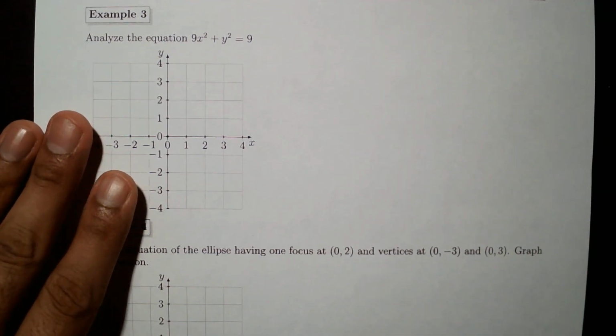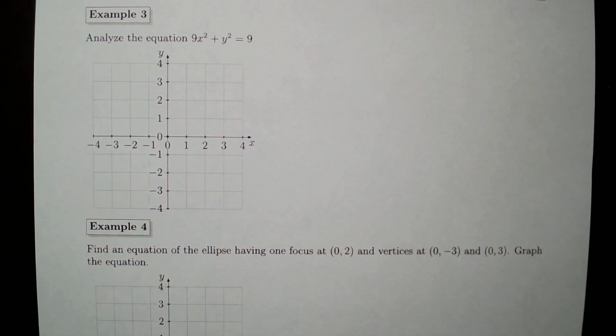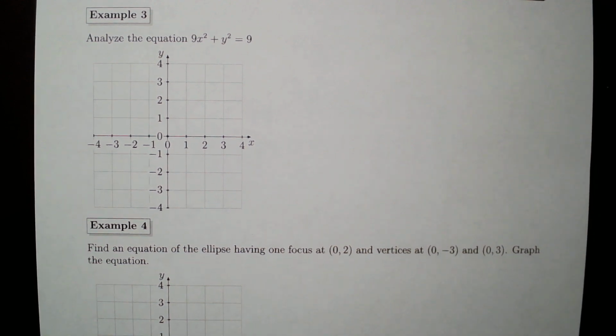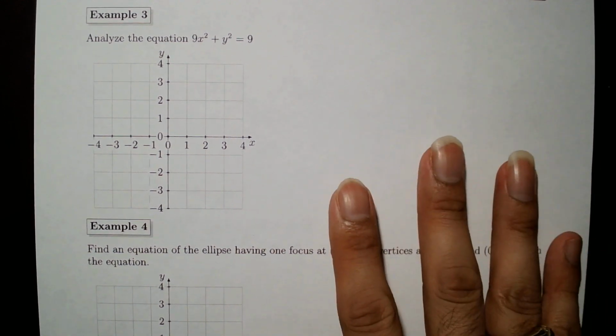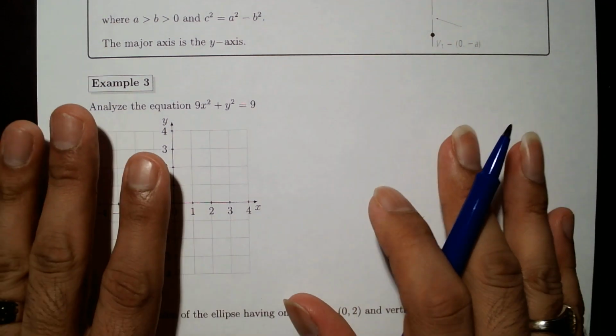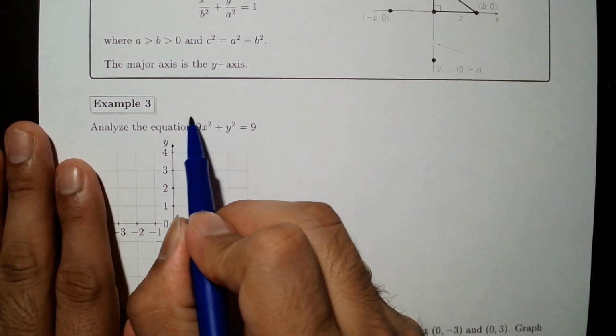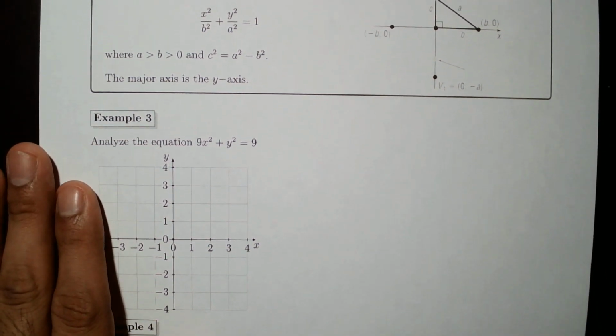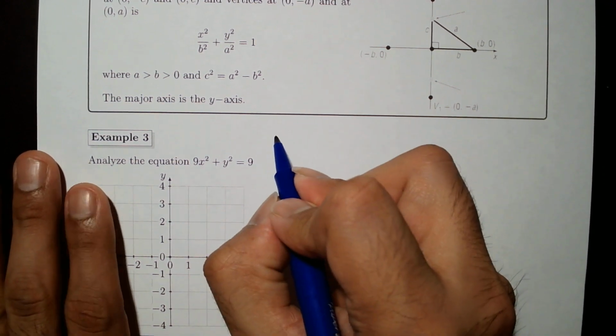Okay, so let's see. Analyze the equation 9x squared plus y squared equals 9. All right, so one thing that we need to observe is that this equation is not in the correct form.